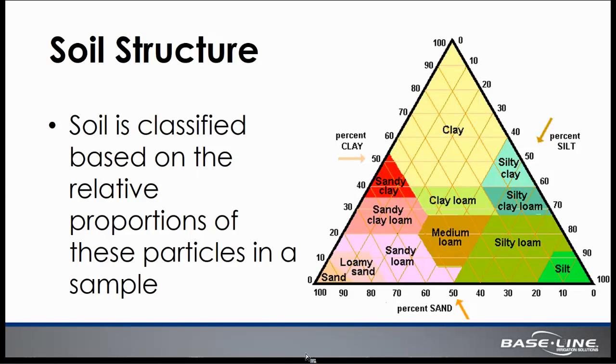These soil types are often referred to in irrigation when we're trying to determine how much water to apply so that the soil structure can absorb and hold that water and provide water to the plant material being irrigated.